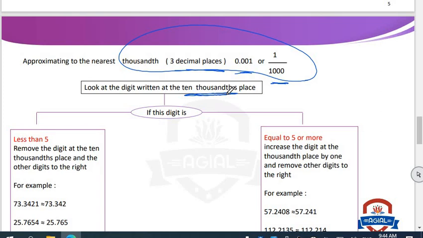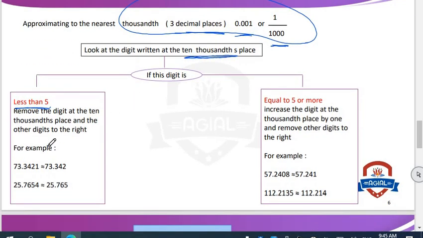Again, if this digit is less than 5, like 4, 3, 2, 1, 0, this number is weak number. In this case, we remove the digit at the 10,000th place and other digits to the right without add 1.